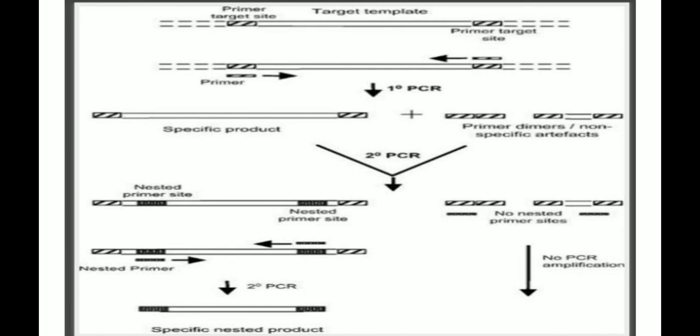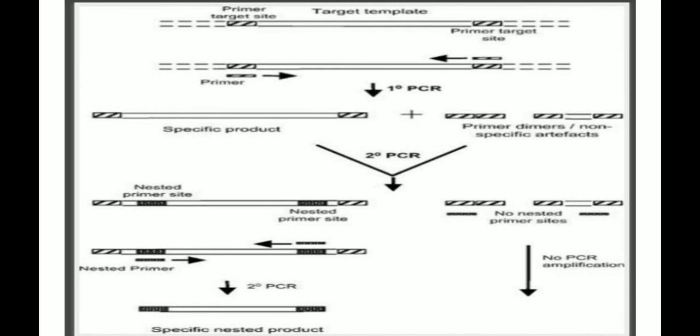Like primer target site, you can see there is a target template, right? Then at first PCR, in the first cycle they use outer primers. So specific product you will get, and primer dimers and non-specific products you can say.